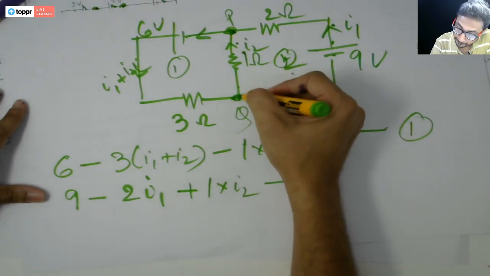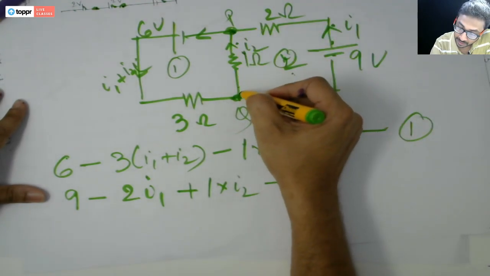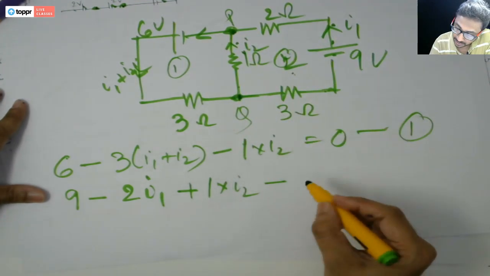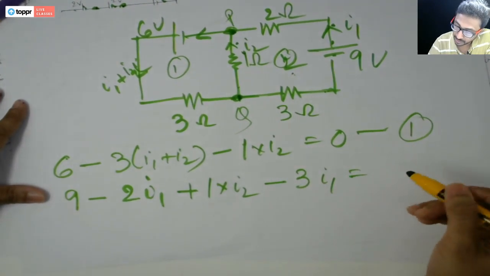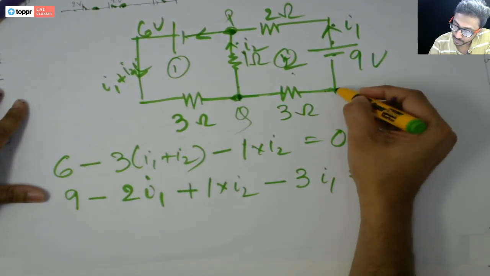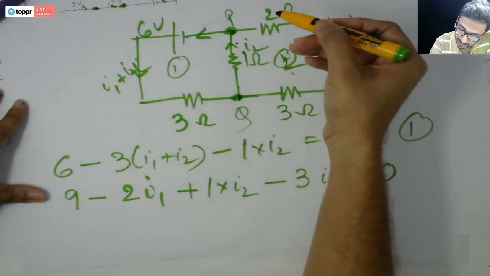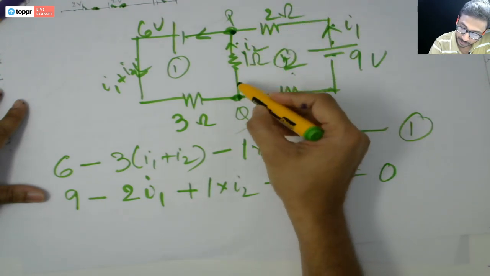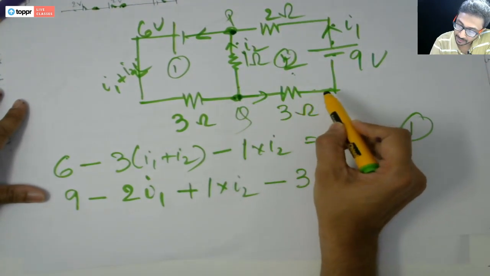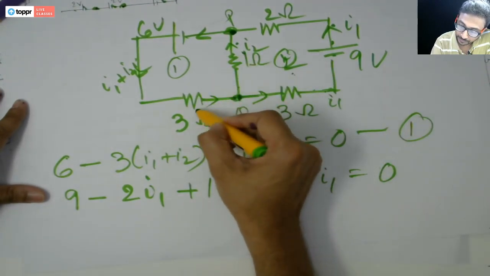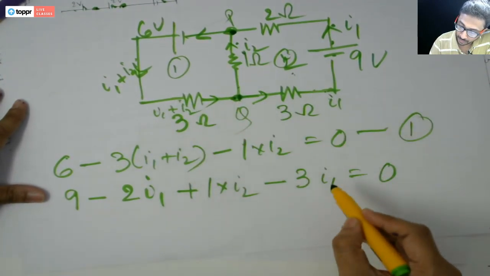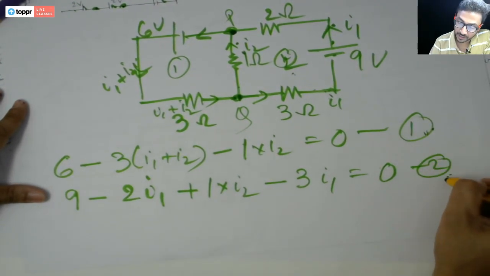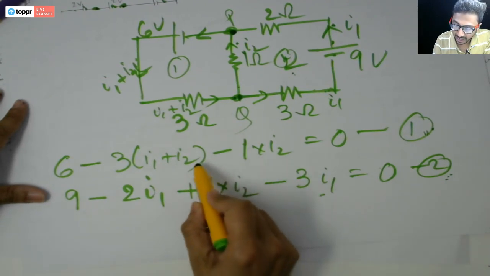Again, I1 only in this part, minus 3 I1 equals 0. This is the second equation. By solving these two equations, you can find the values of I1 and I2.